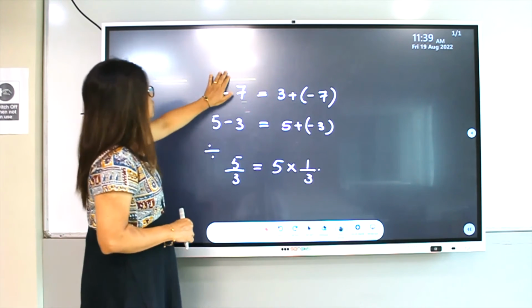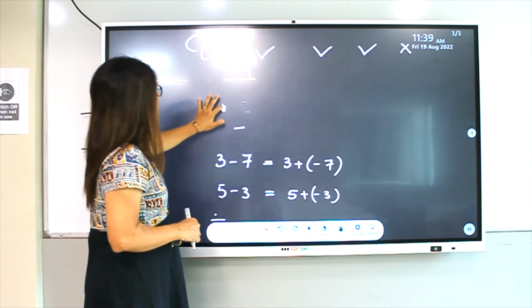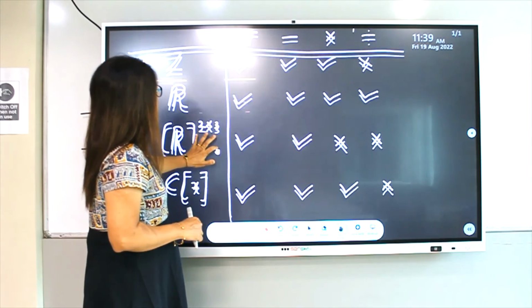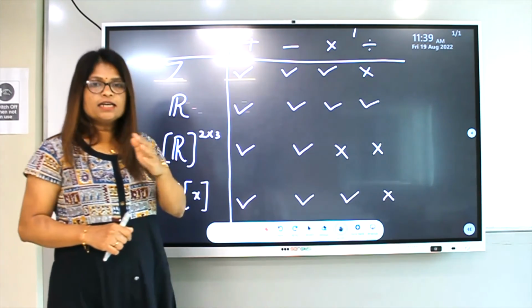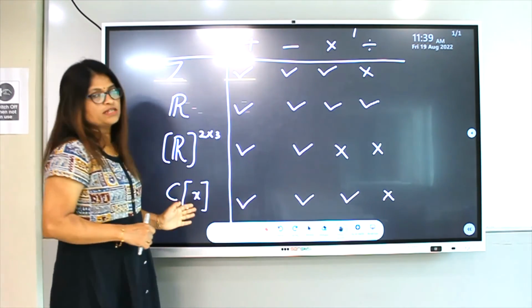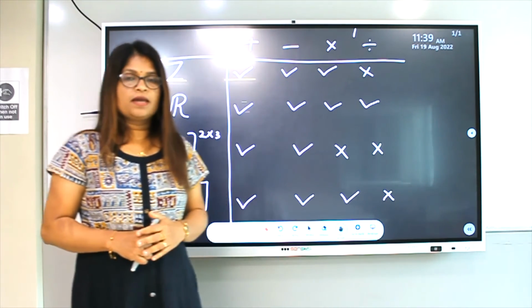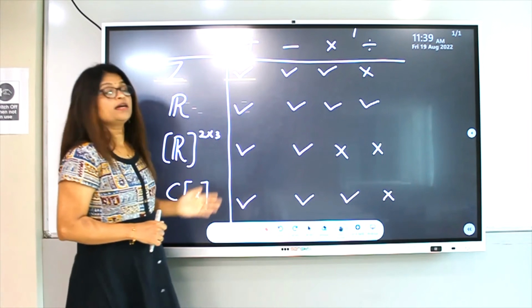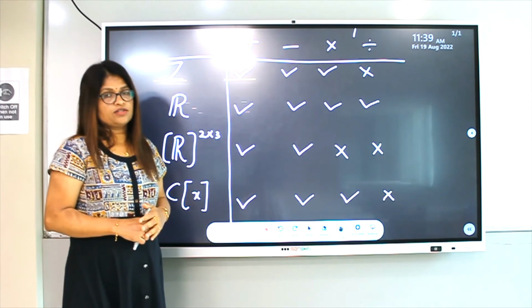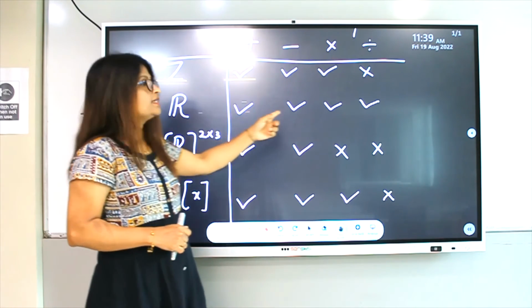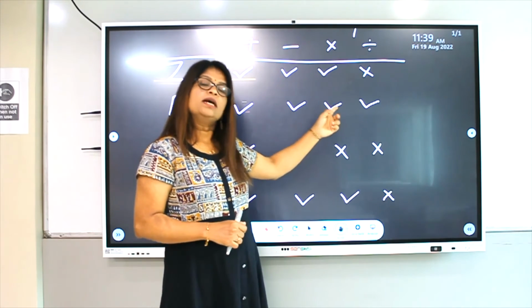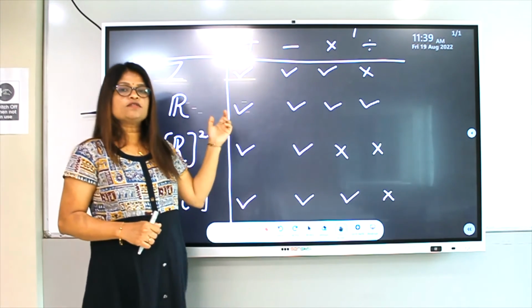Now going back to the four sets that we have defined, all four sets are groups under addition. Rather, they are commutative groups under addition. And one of them is a commutative group with multiplicative inverse, which is the set of real numbers.